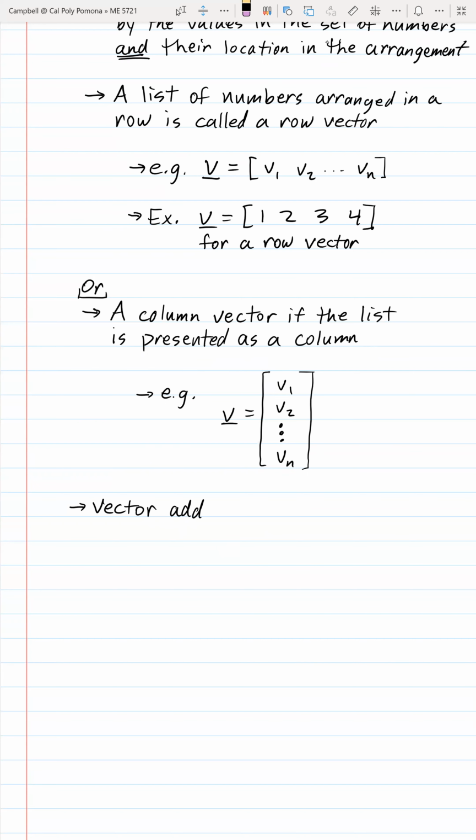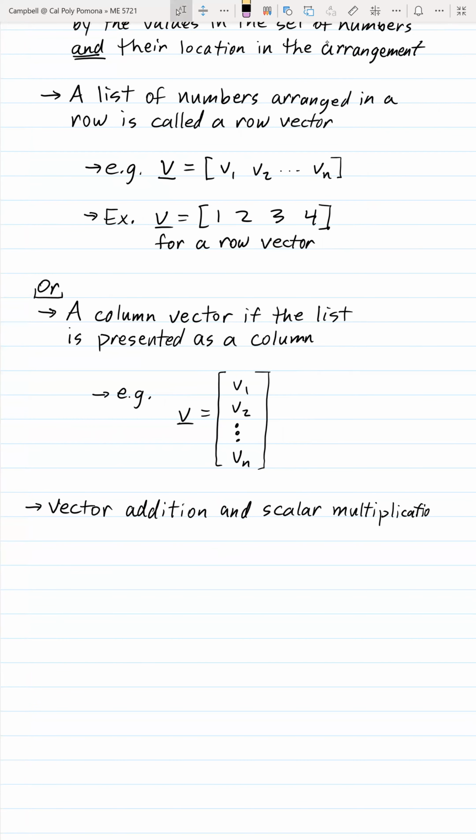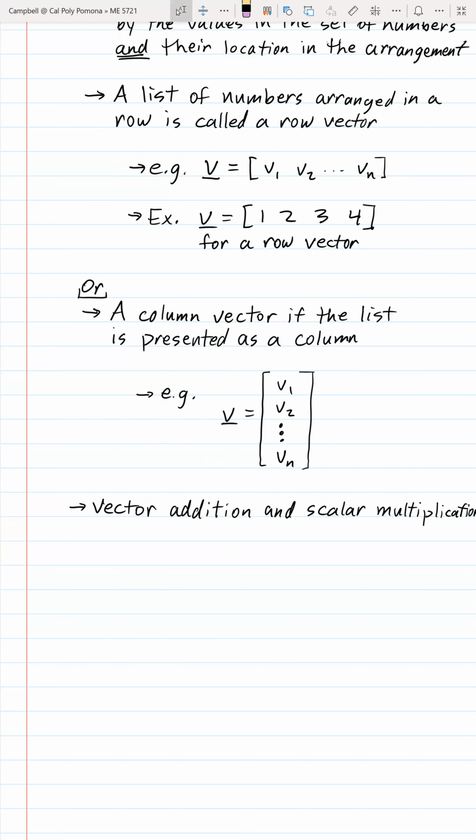So vector addition and scalar multiplication. Oops, sorry, ran out of room there. I'll move over a little bit, give myself an N, and then immediately move everything back.